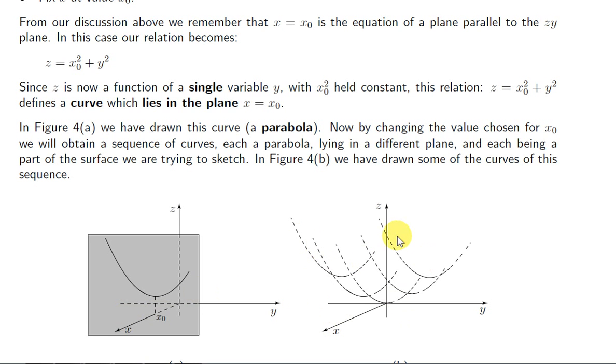For large negative x0, we have this one here, which is behind the yz plane. But you can see that x0 squared is going to be the same whether it's positive or negative, so we will see a symmetry in the distribution of these parabolas. The distribution of these parabolas is actually symmetrical about the yz plane.